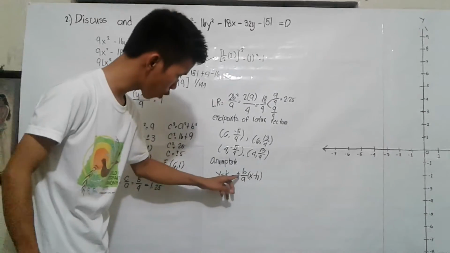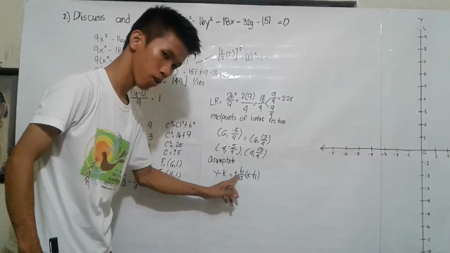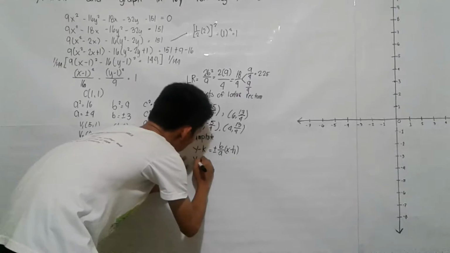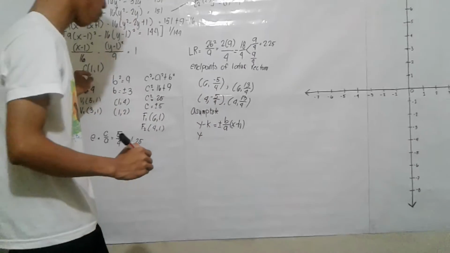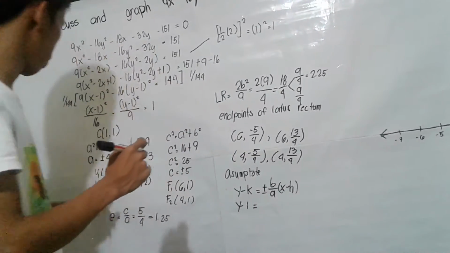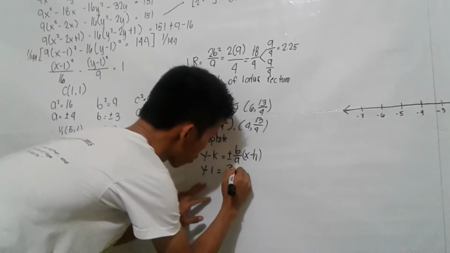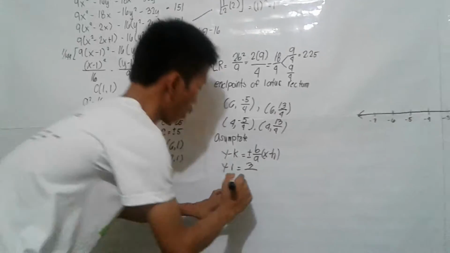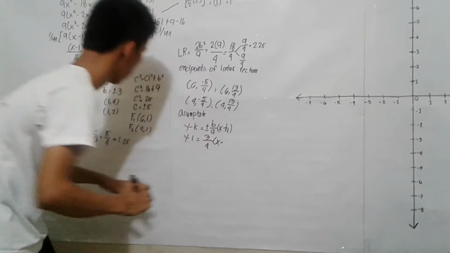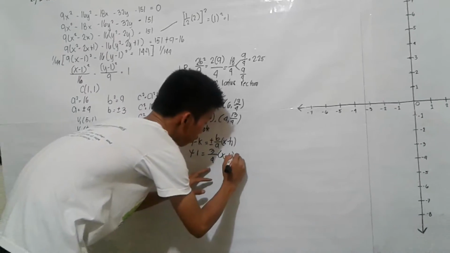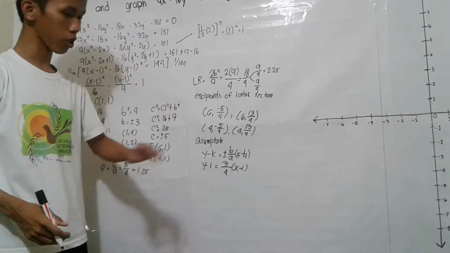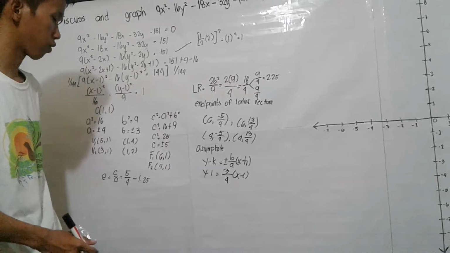So first we use the plus sign. So do the substitution. So y minus our k, which is 1, is equal to b over a, which is 3/4, times x minus 1. Then the whole equation will be multiplied by 4.